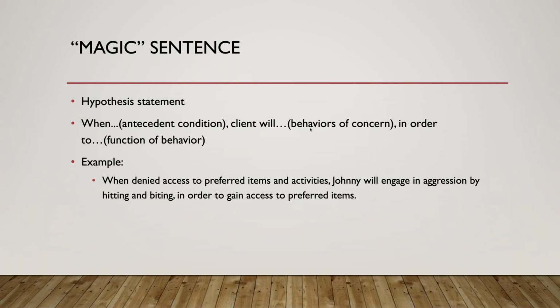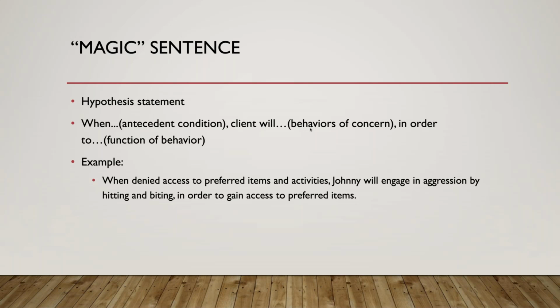If we're doing the FBA, and this is the behavior of concern, and we're doing the indirect assessment, and mom's like, yeah, Johnny, whenever he doesn't get his way, he starts hitting and biting. And then we just give him what he wants.